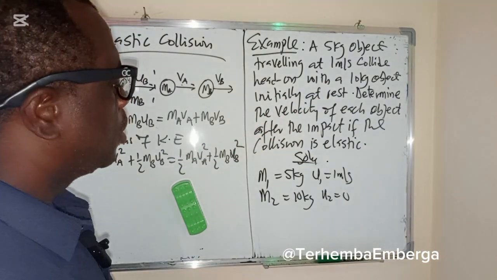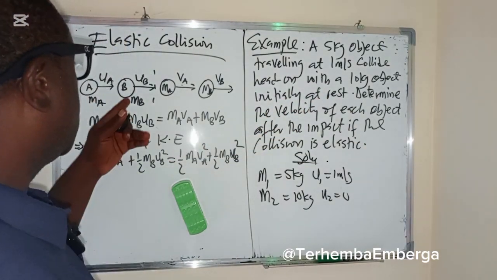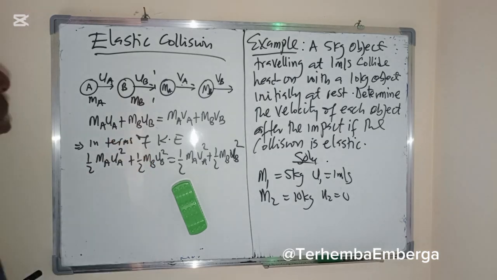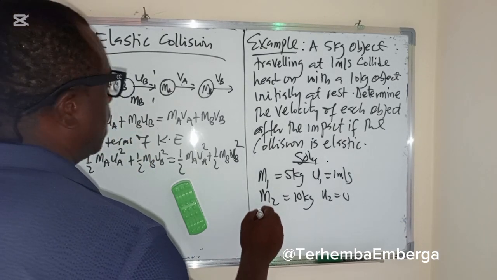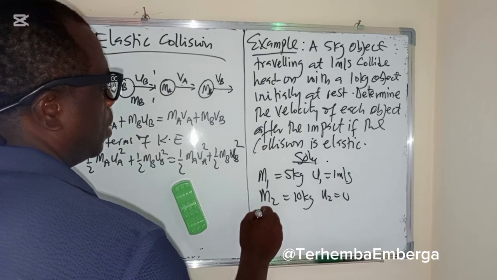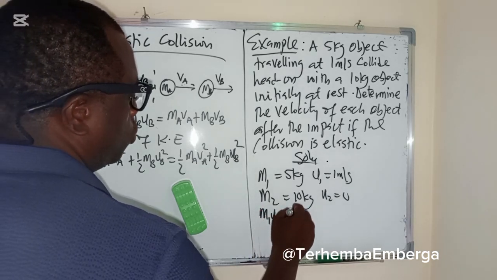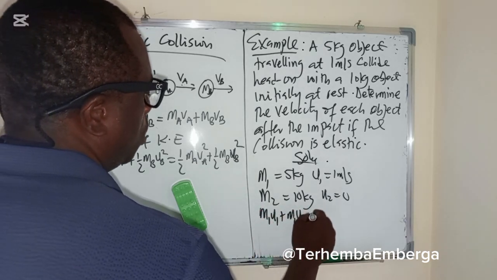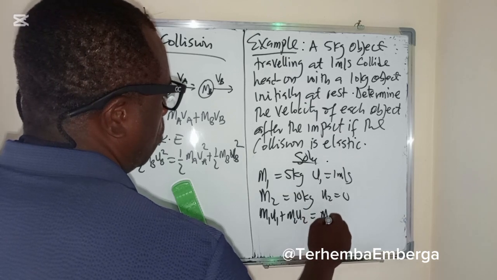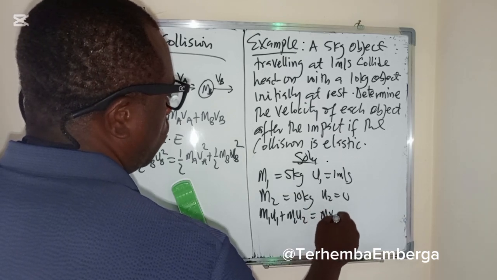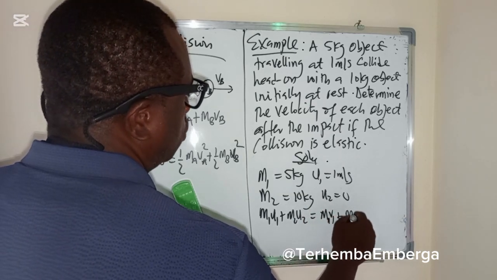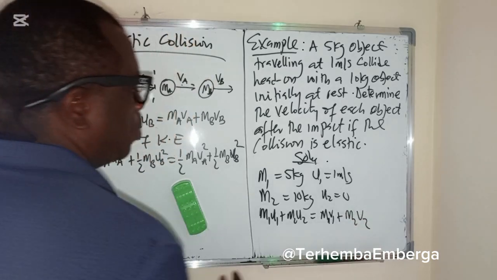So using this principle, we can write this as M1 U1 plus M2 U2 equal to M1 V1 plus M2 V2.